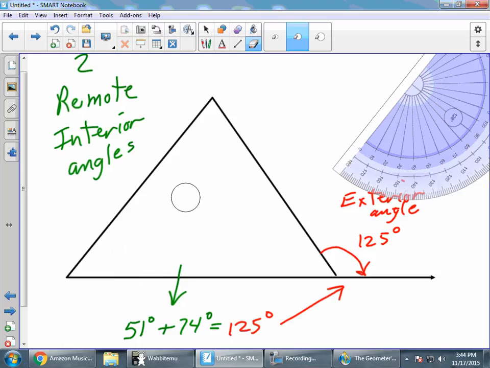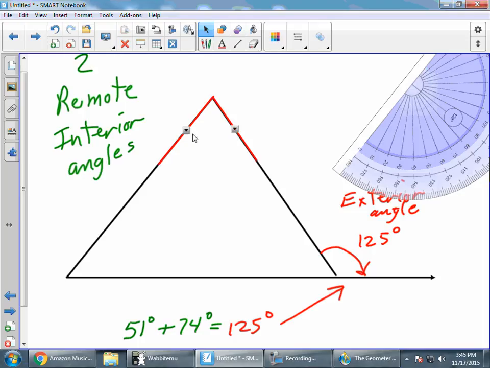Okay, so let's check it another way. You don't believe me? That's all right. You can be a doubter. It's all good. Okay, let's check it another way. If I go there and there, and then I group these two. I'm going to group this. I need my mouse. Got that.